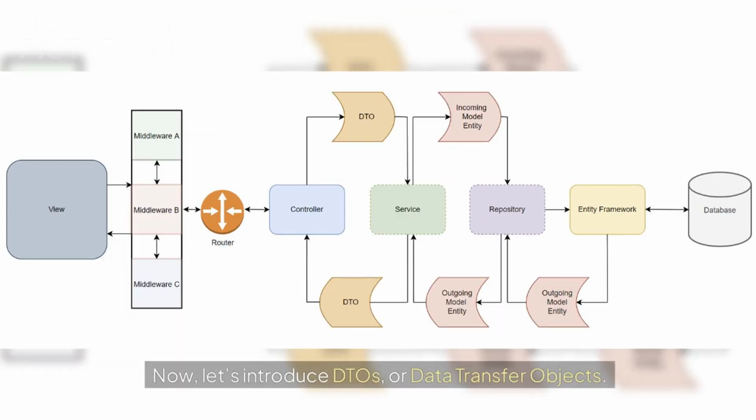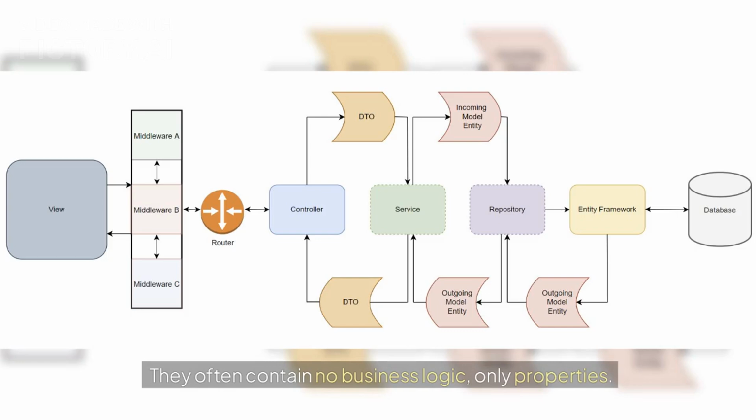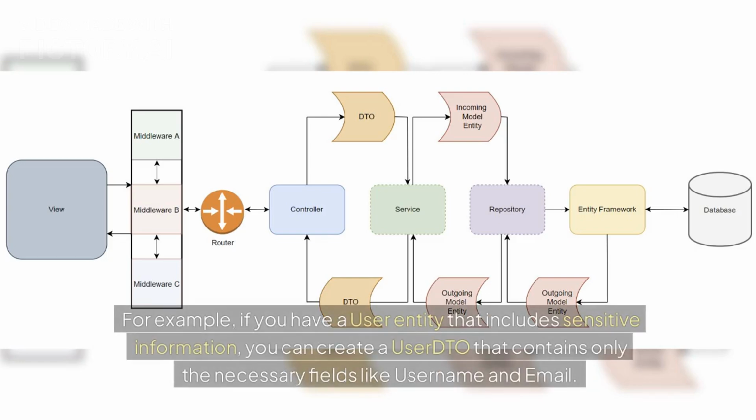Now, let's introduce DTOs, or Data Transfer Objects. DTOs are simple objects that are used to transfer data between the different layers of an application. They often contain no business logic, only properties. For example, if you have a User entity that includes sensitive information, you can create a User DTO that contains only the necessary fields like username and email.